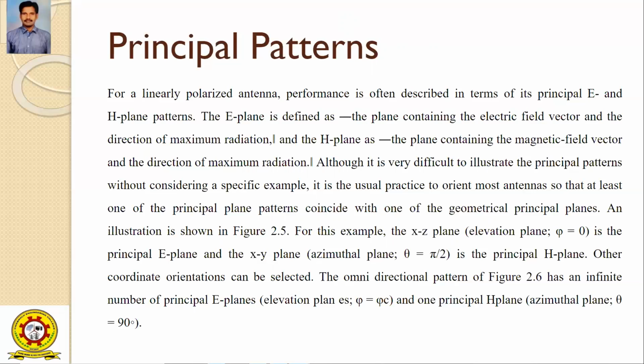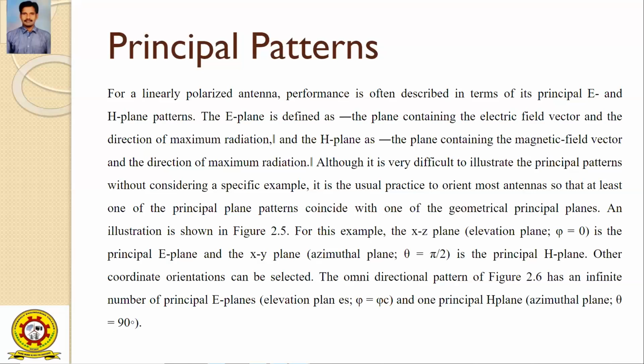In the E-plane pattern, as the name suggests, the plane contains the electrical field vector and the direction of maximum radiation is also along the E direction. Similarly, in the H plane, the plane contains the magnetic field vector, where the direction of maximum radiation is always along the H direction.